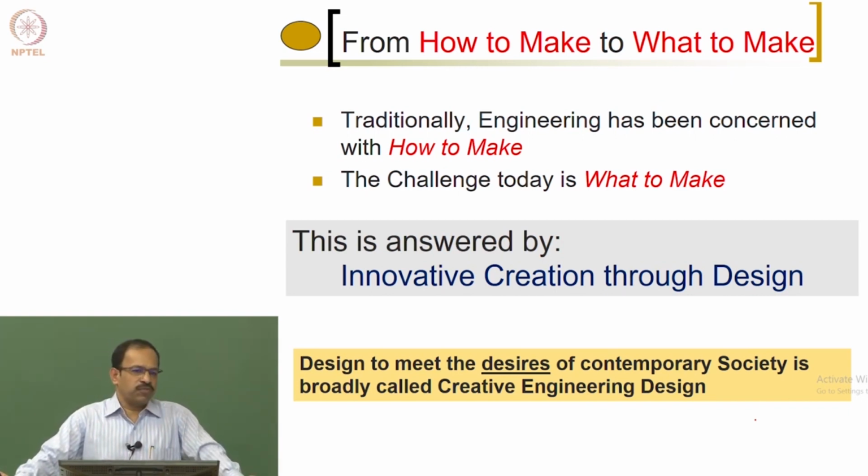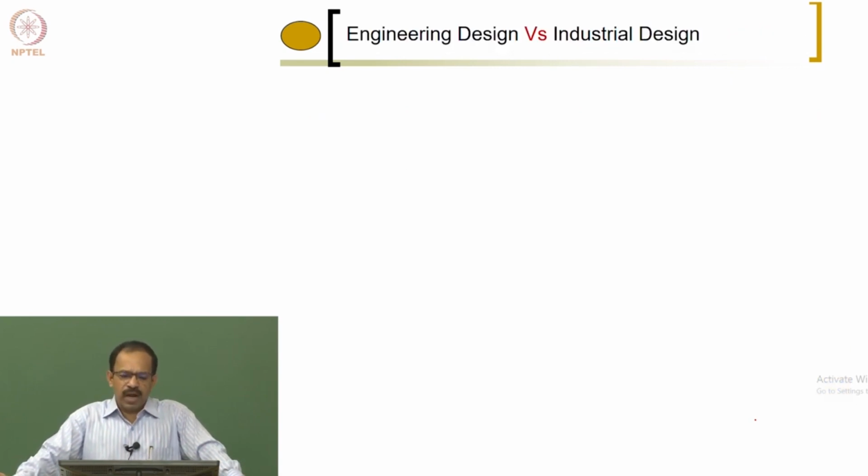So the whole purpose of any design is to meet the customer's requirements. As long as you can meet the customer requirement and satisfy the customers, then you are doing creative engineering design. This design happens almost every time. The designs keep on happening, and in creative engineering design there are two major aspects, known as engineering design and industrial design.